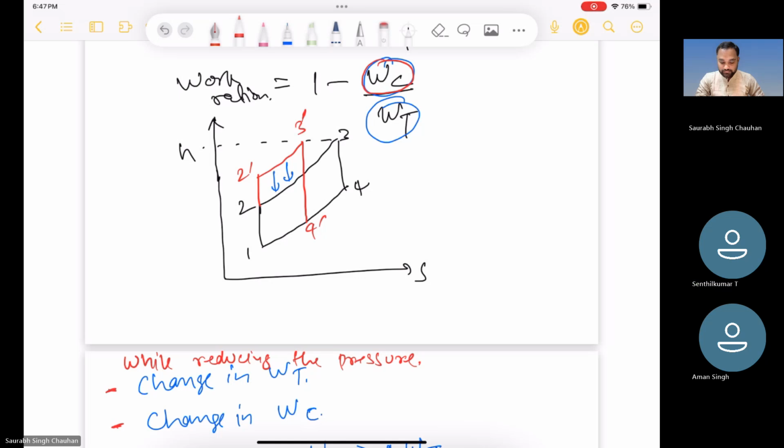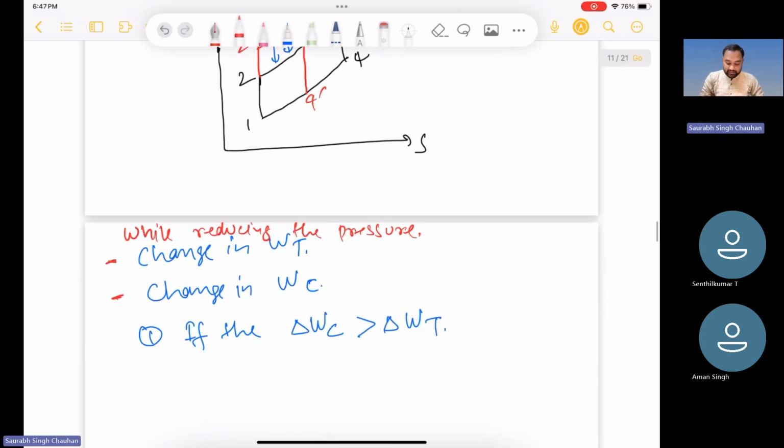Yes, sir. Correct. So that is what I mean by this point. Turbine work is also reducing and the compressor work is also reducing. If the reduction in compression work is more, then your work ratio will increase.